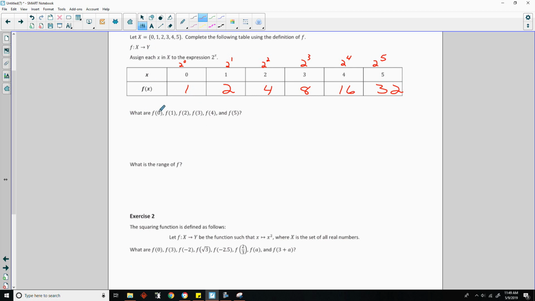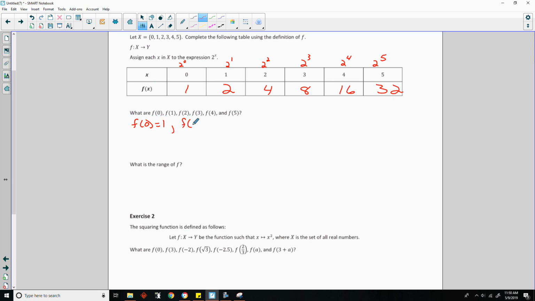It says, what are f of 0, f of 1, f of 2, f of 3, f of 4, and f of 5? Okay, so f of 0, so this is f of x, and x is 0, so f of 0 equals what we ended up with when we plugged 0 in for x, and that is 1.